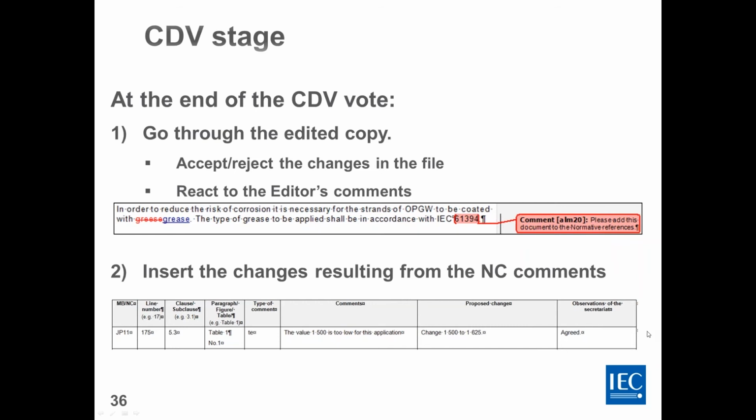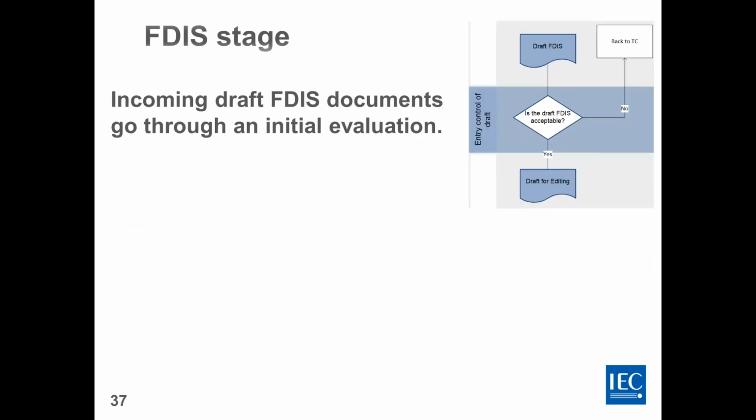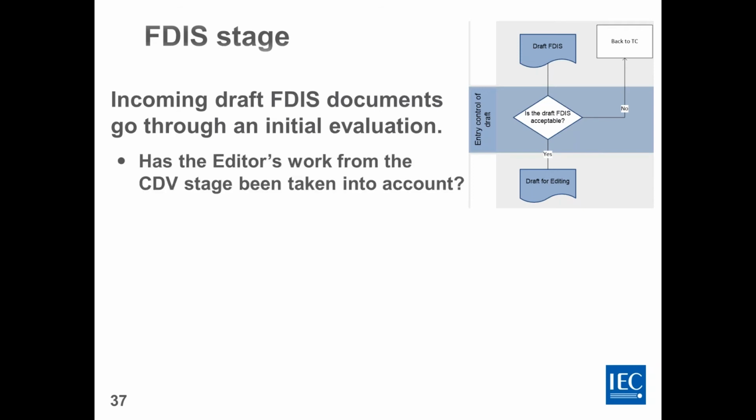So incoming draft FDISs go through an initial evaluation, which we call an entry control here. Before being officially accepted by the IEC, we will look to see whether the editor's work has been taken into account, and whether there are any obvious major problems, missing texts, or potentially challenging matters, for example, patent claims, copyright issues, etc. If everything seems okay, we accept the document for editing.